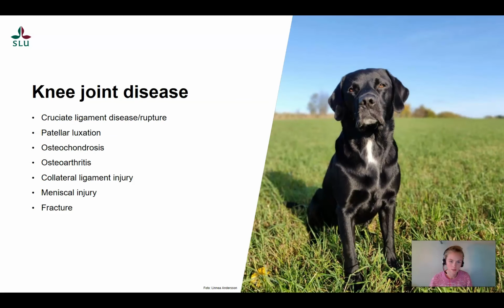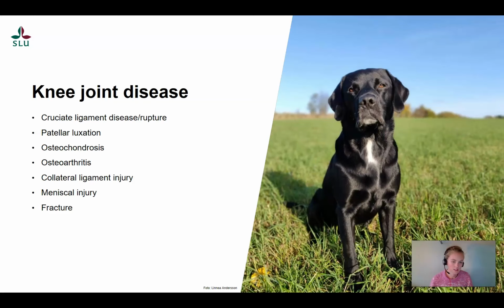And the knee joint can be affected by many different diseases. Here you see some of the most common ones. We have cruciate ligament disease, which is also called cruciate ligament rupture. And we will talk a bit more about this disease soon. We also have patellar luxation, and this is a condition where the patella is luxated from its original position, and this can cause varying degree of lameness in the affected dogs.